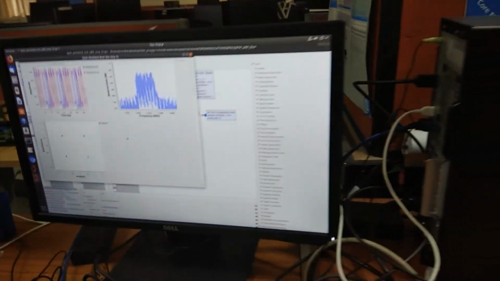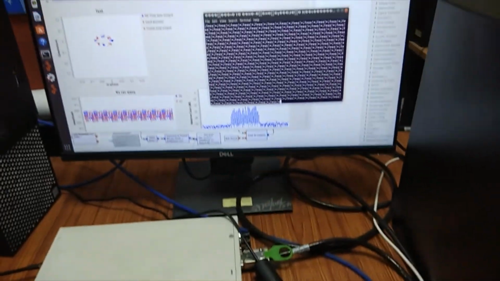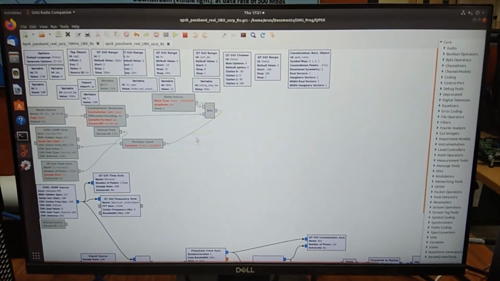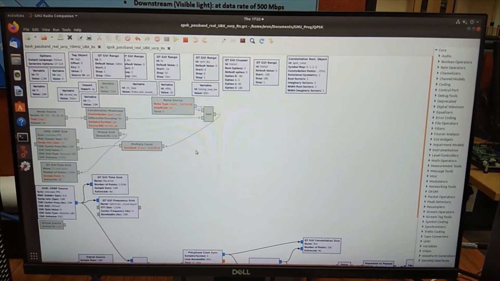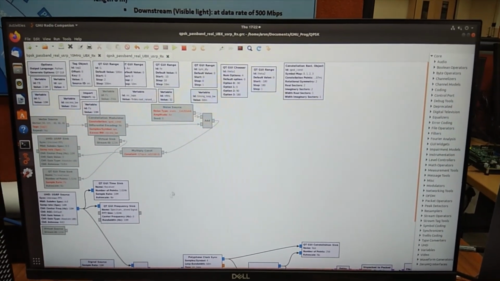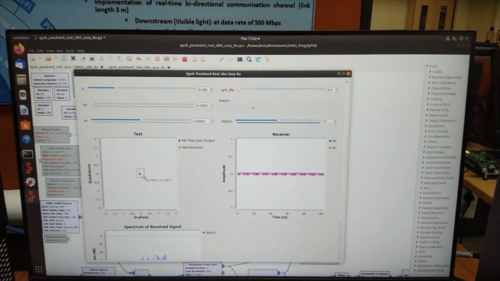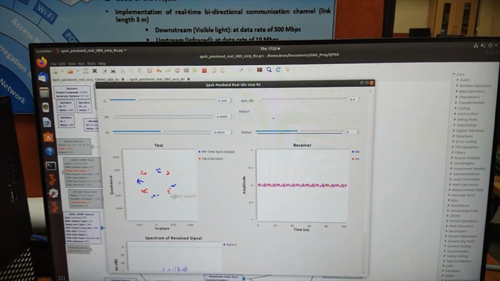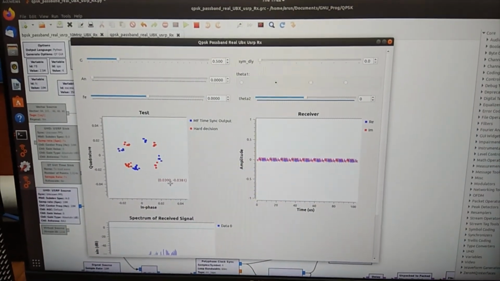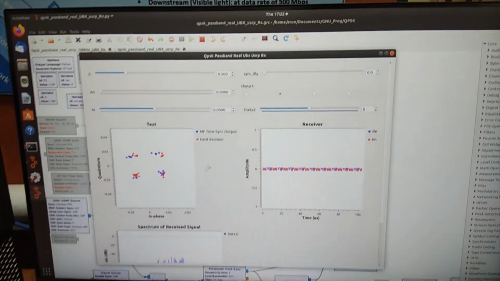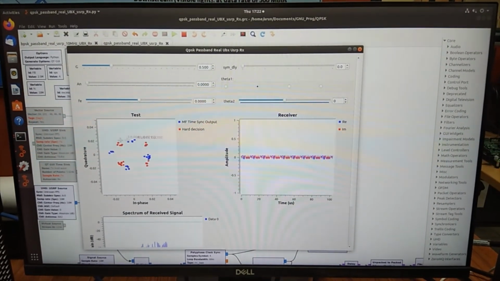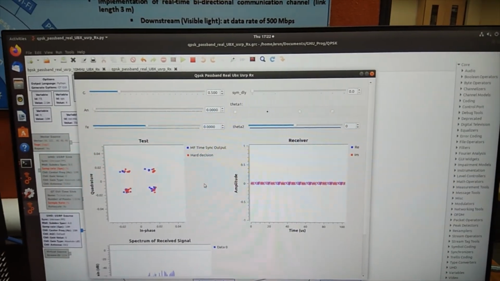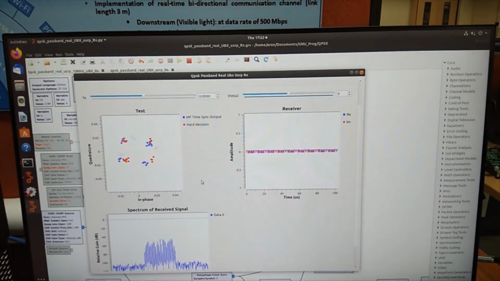Now I'll move to the receiver. So I'll start the QPSK receiver. I'll zoom in, and the points in the blue are rotated in the constellation diagram due to the frequency offset, and in the red these are compensated after the carrier and phase recovery circuit.